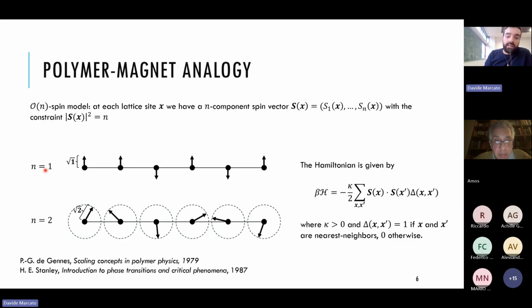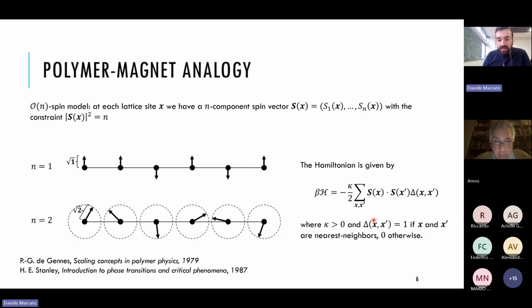So for n equal to 1, you recover the standard Ising model. For n equal to 2, you have that the spins are constrained on a circumference of radius square root of 2. For n equal to 3, you would have a sphere of radius square root of 3, and so on and so forth.